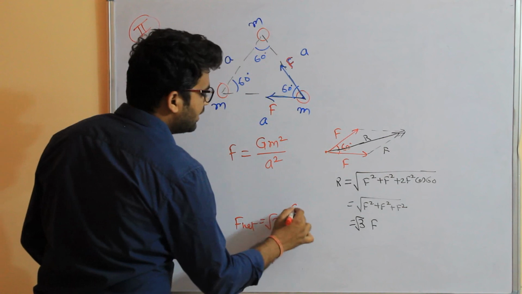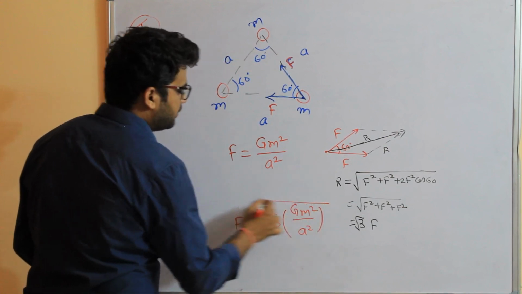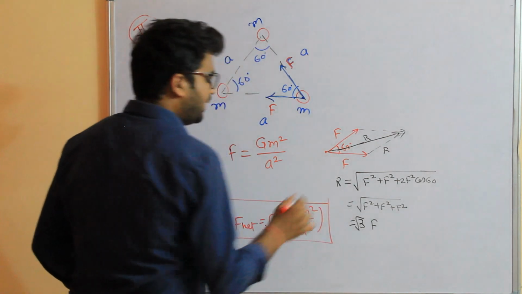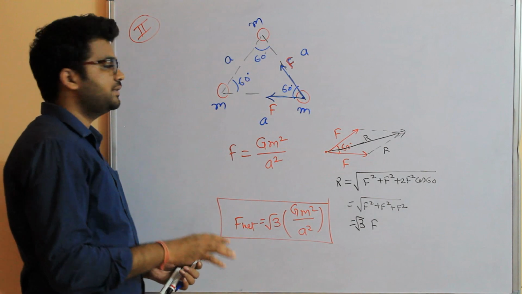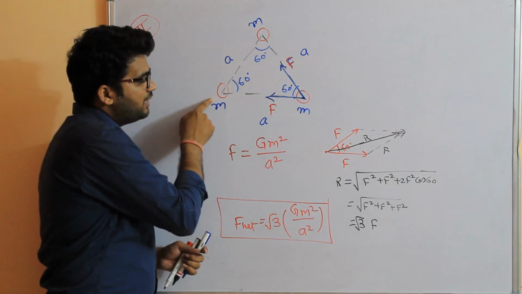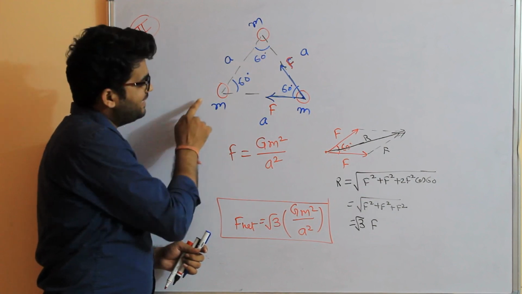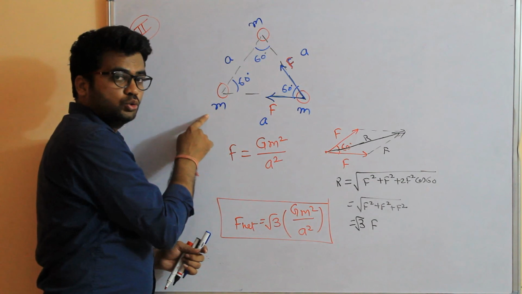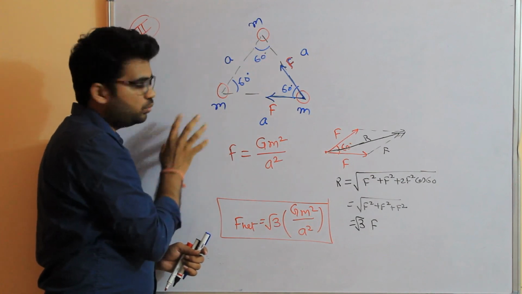F value is Gm square by A square. Okay. So this is the second model. Now in this, tell me, if instead of this small m, we have 2m, right? Instead of this small m, we have 2m, and they ask, what is the net force on this 2m?